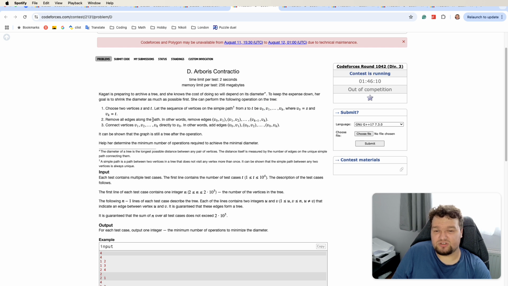Remove all edges along the path. Connect vertices V1, V2, and so on to Vk directly to V0. In other words, add edges V0-V1, V0-V2, and so on. It can be shown that the graph is still a tree after the operation. Help her determine the minimum number of operations required to achieve the minimal diameter.